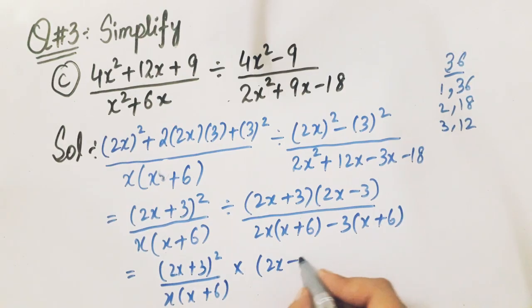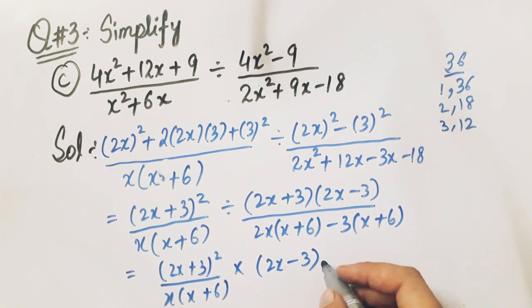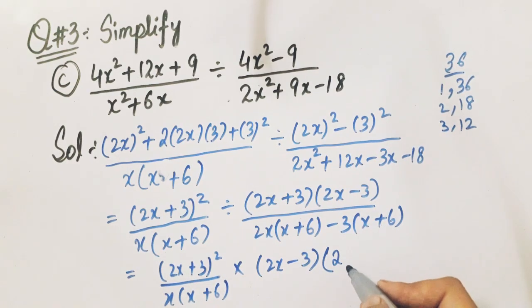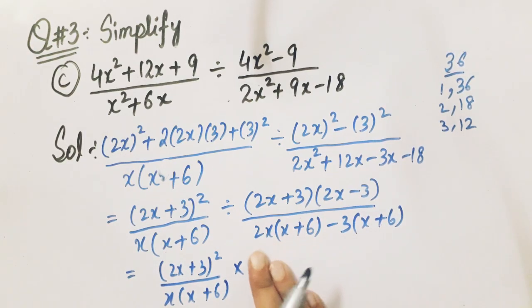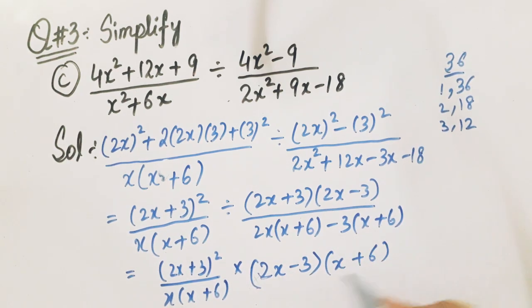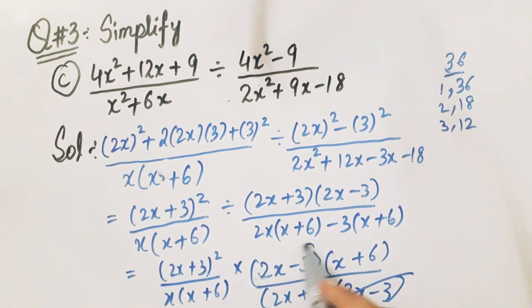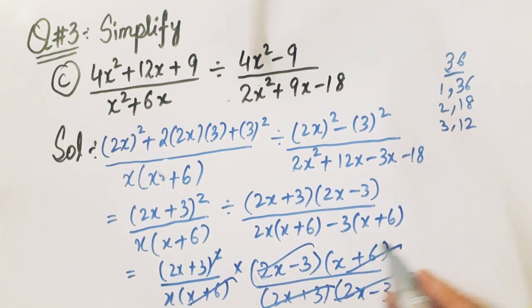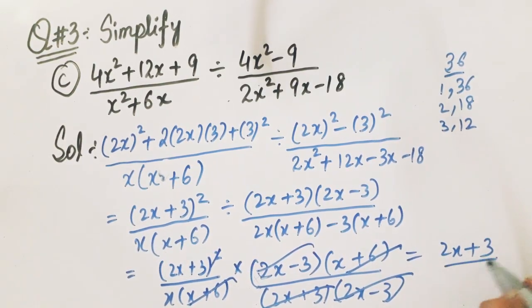You have 2x minus 3, and when you convert this into multiplication you will get 2x minus 3 into x plus 6 and 2x plus 3 into 2x minus 3. 2x minus 3 are cancelled out, x plus 6 is also, and this is also. So remaining is 2x plus 3 divided by x. So this will be the answer.